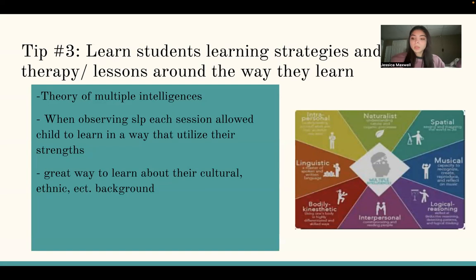This way we're also incorporating the cultural differences and making sure we are welcoming student diversity. So when you're learning about the kid, you're able to see which way they best learn. So you get their learning strategies as well as their ethnic and cultural background, so you can incorporate all of it at the same time.